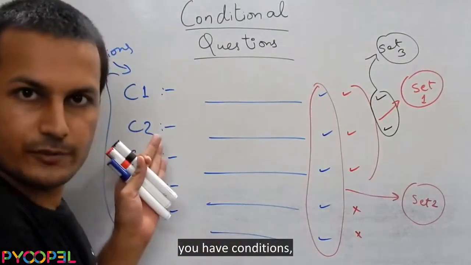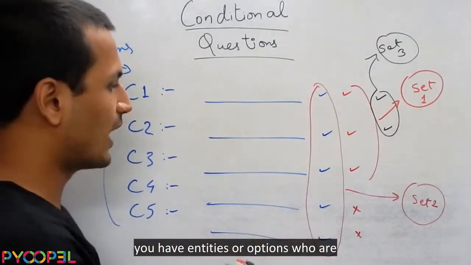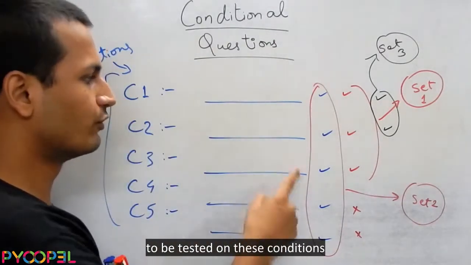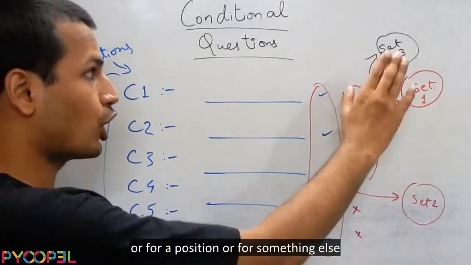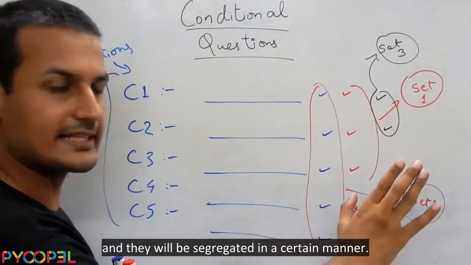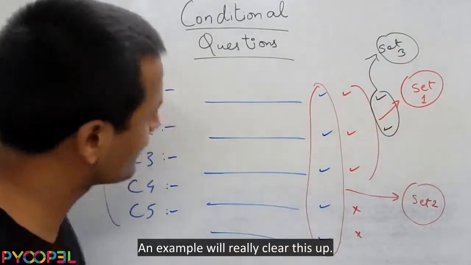You have conditions, you have entities or options who are to be tested on these conditions. Once they fulfill some of these conditions, they are to be chosen for a job or for a position or for something else, and they will be segregated in a certain manner.